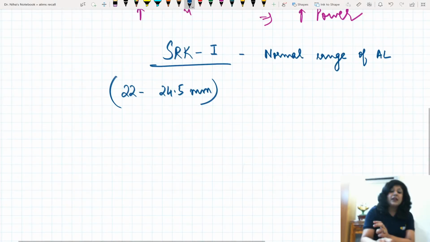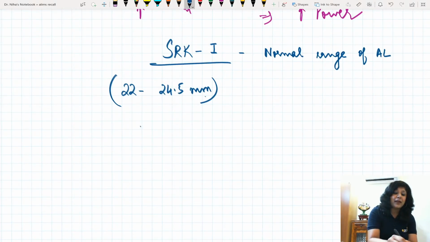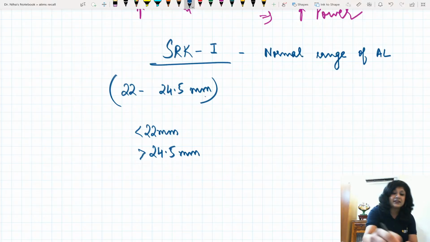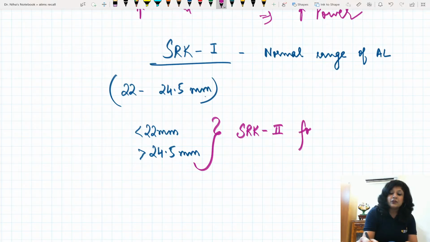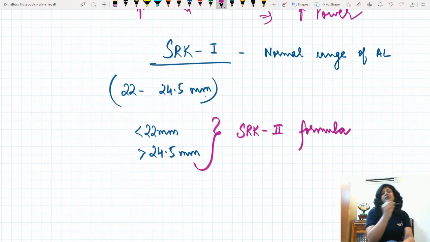So if I am having less than 22 mm axial length, or if I am having more than 24.5 mm of axial length, in these two cases I will require the second generation SRK2 formula.